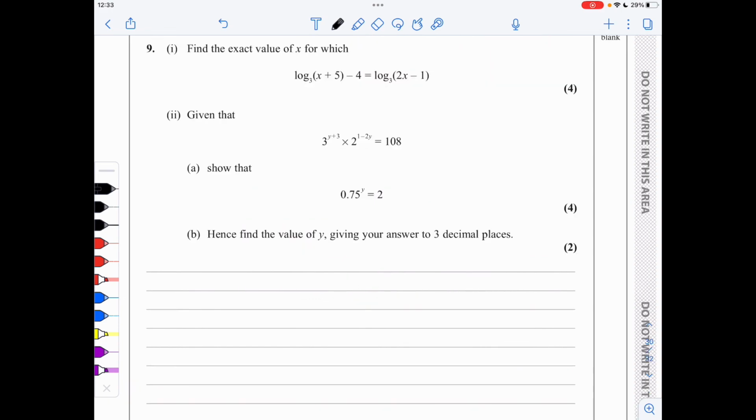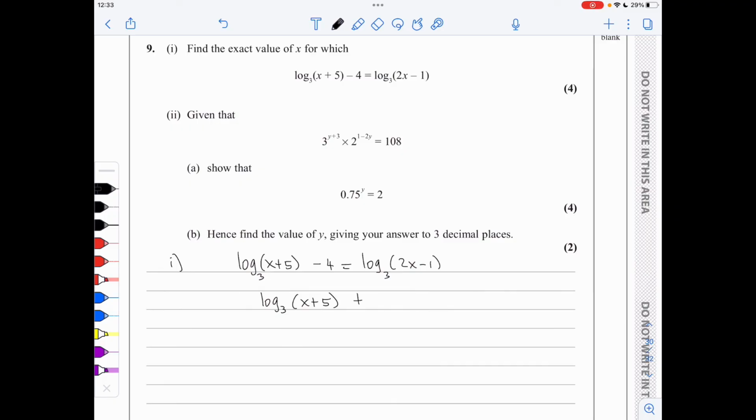571.43. Question 9, first part, for 4 marks, we need to find the exact value of x for which this logarithmic equation holds true. So we have log of x plus 5 base 3 minus 4 is log of 2x minus 1 base 3. I will collect the logarithms on one side to combine them into a single logarithm.